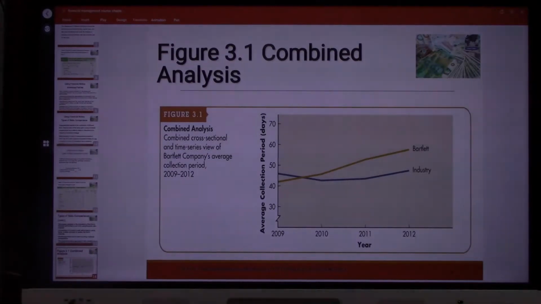As you see, figure 3.1 reflects the idea of combined analysis, where we use both cross-sectional and time series analysis in studying or investigating the financial performance of a specific firm. We are going to use the industry average over a specific period of time, from 2009 to the end of 2012.